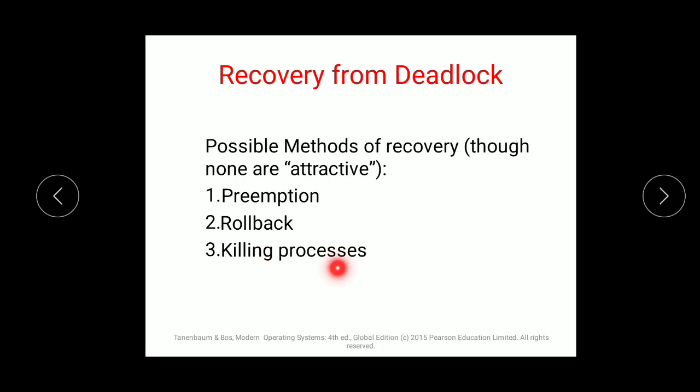So there are two types in killing a process: kill all deadlocked processes, and kill one process at a time. We'll go with the first, kill all deadlocked processes. This method is simple and effective to eliminate the deadlock and clearly breaks the deadlock cycle. But it has a huge cost.